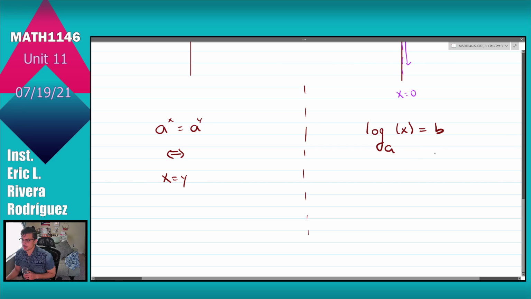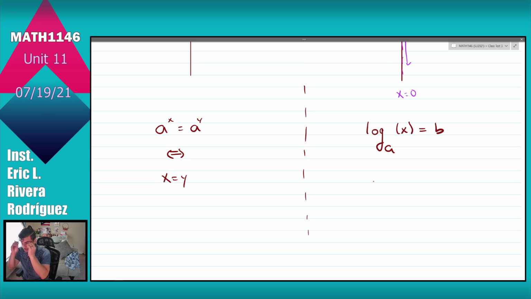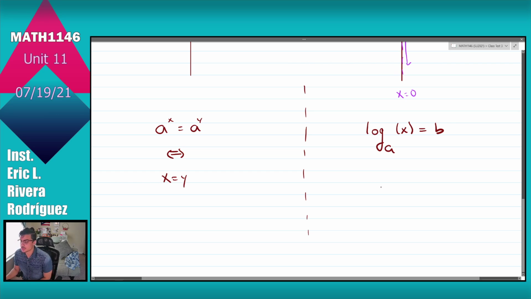We read the property as this: log base a of x is equal to b. The meaning of this is that the exponent that we need to raise a to in order to get x is b.